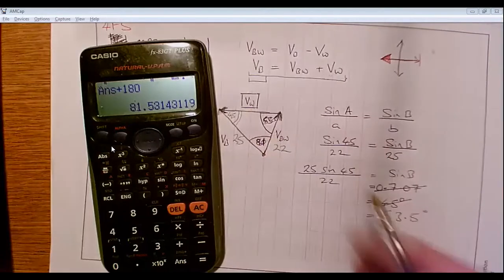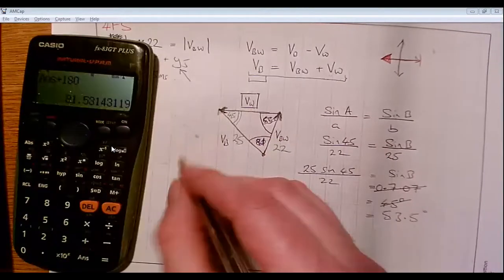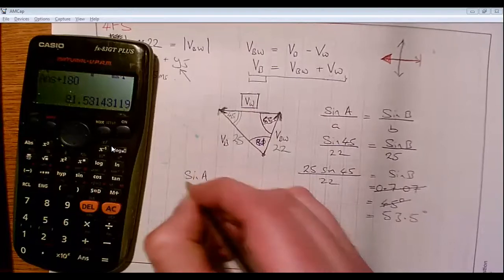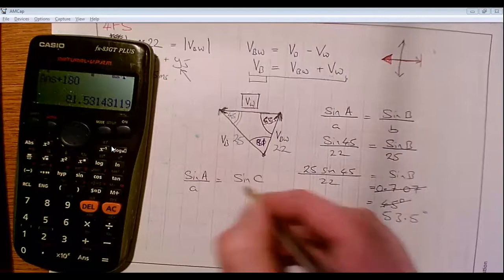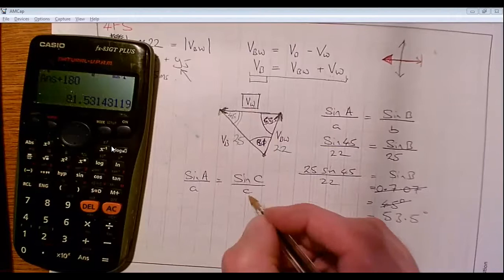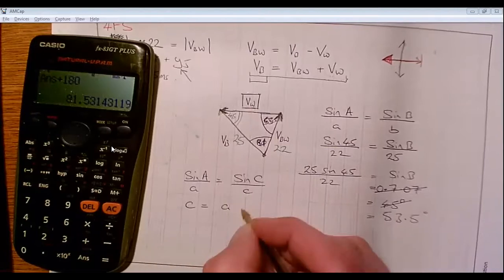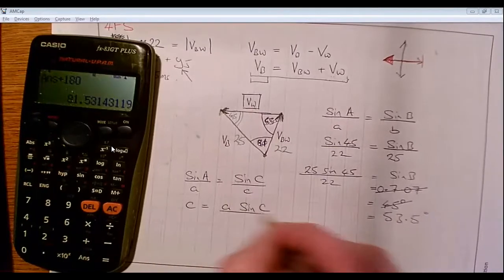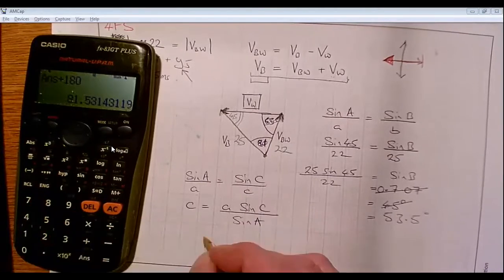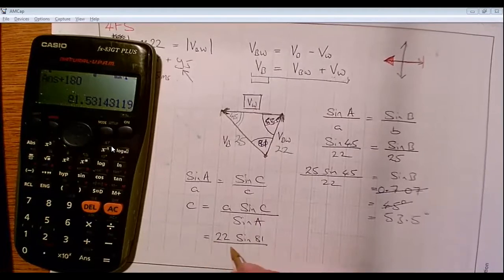So again, using my sine identity, sine A over A is equal to sine C over C. C is the one I want. So C is equal to A times sine C over sine A. I've just rearranged that. In this case, A is 22, sine C is sine 81, and sine A is sine 45.